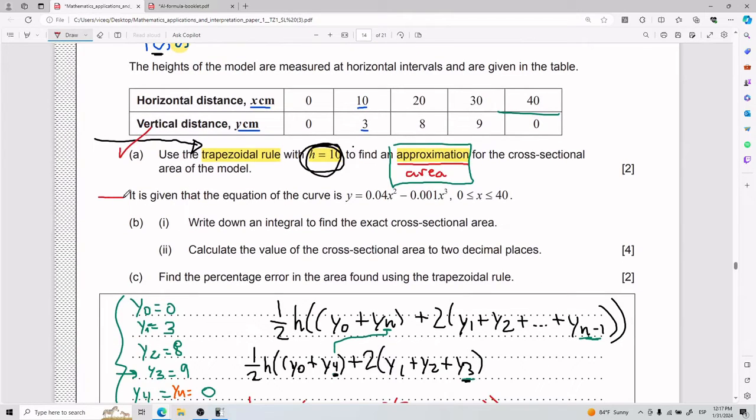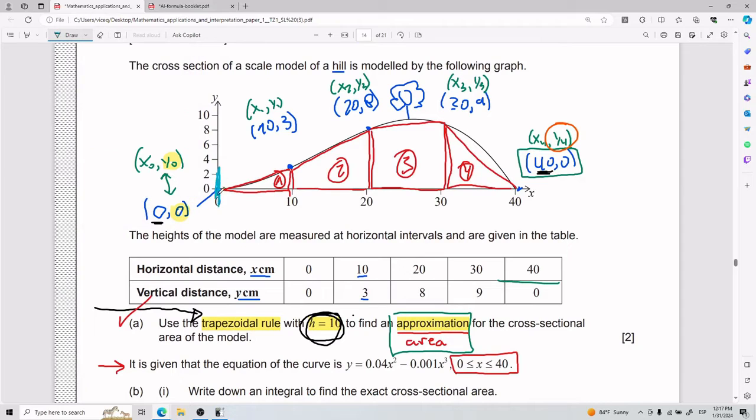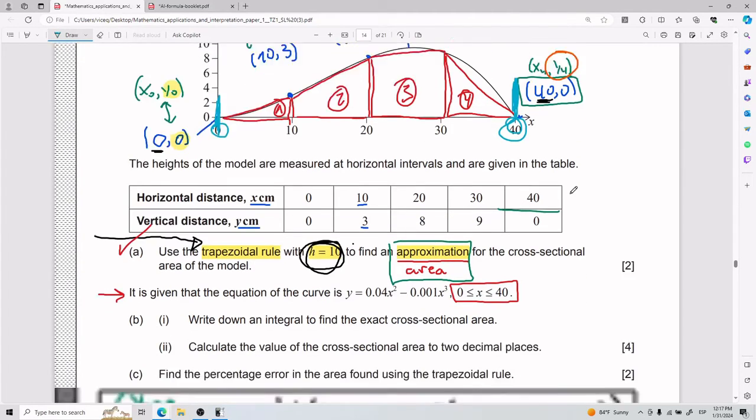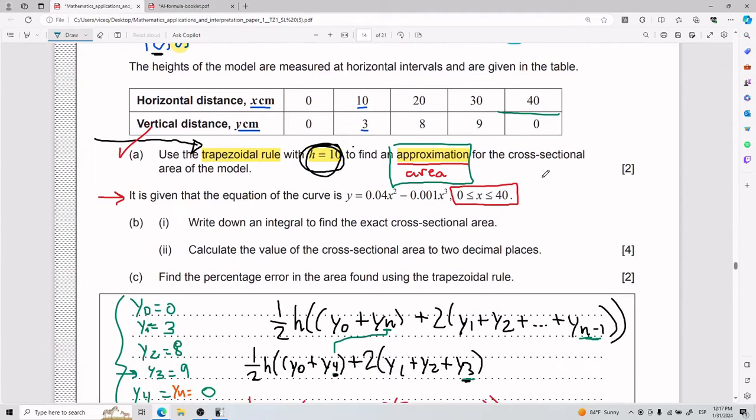Then they tell you that it is given that the equation of the curve is y equals 0.04x squared minus 0.001 x cubed with x between 0 and 40. This makes sense because between 0 and 40 is literally from this 0 to this 40. Okay, so write down an integral to find the exact cross-sectional area.